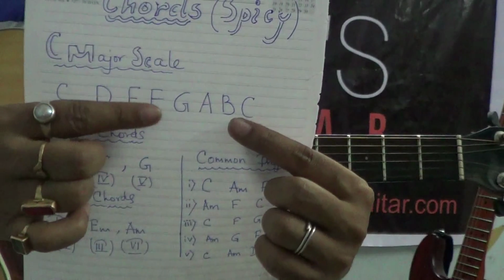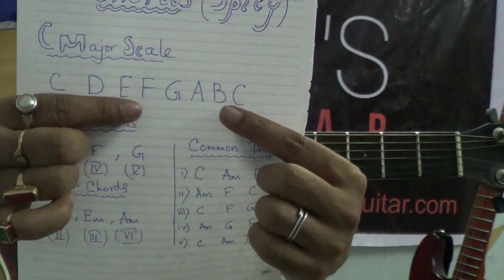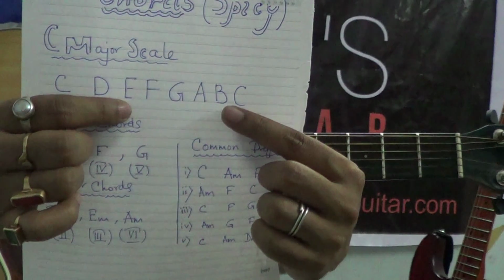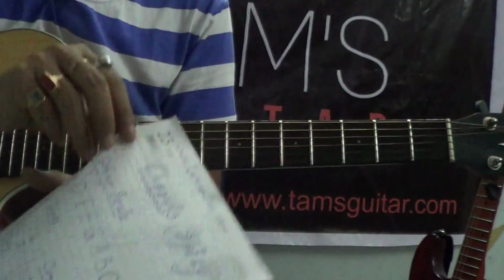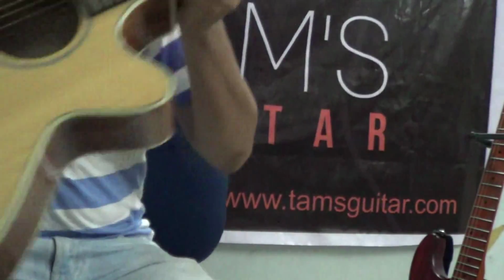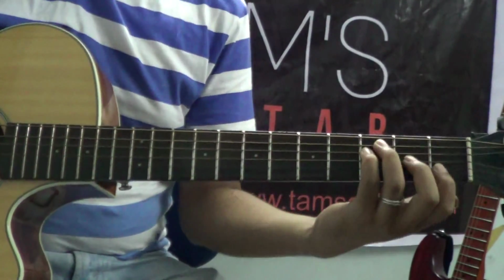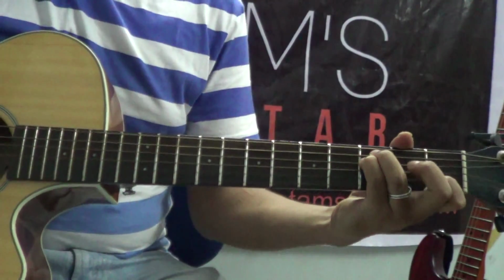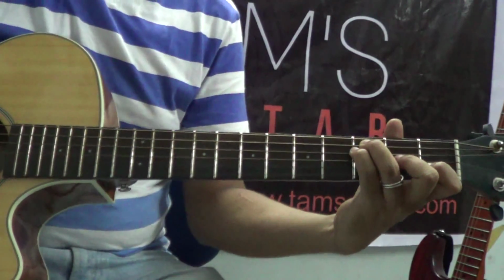So similarly, see, E is just half step behind F. So if we add the E note to an F major chord, we'll be getting F major 7. So these are the few options: F major, F sus2, and F major 7.